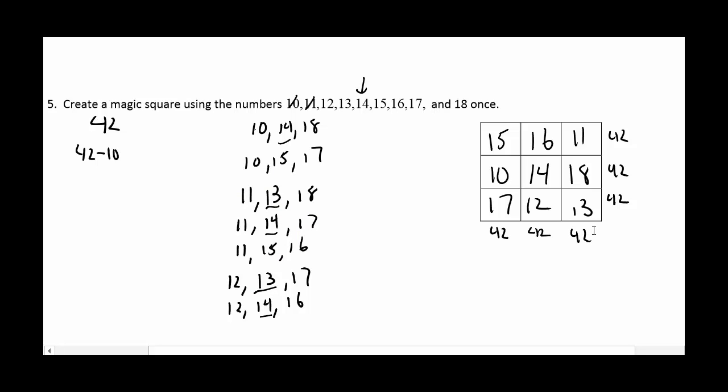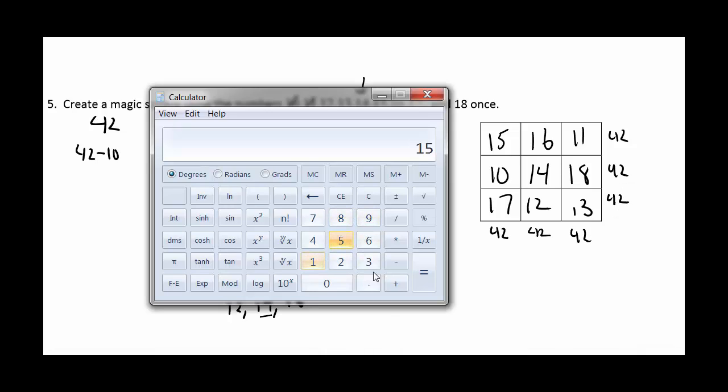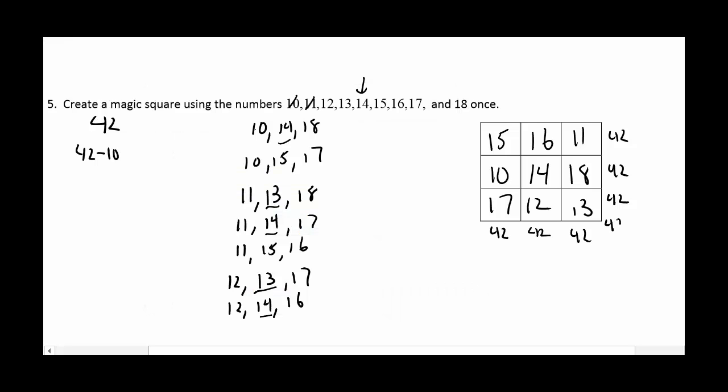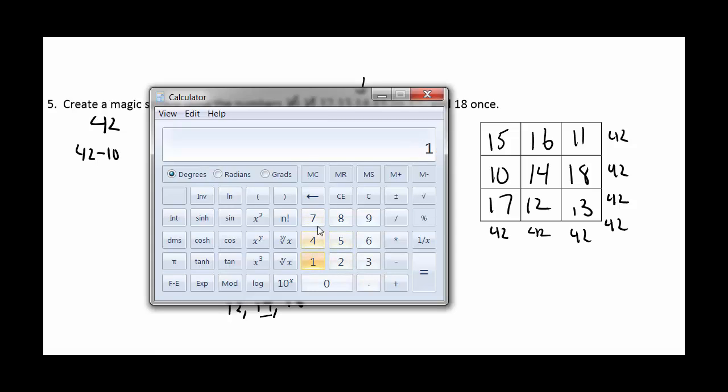And is there any other way I could do it that I probably should check? Let's do diagonals. 15, 14, and 13. Didn't show up on my list yet, but 15 plus 14 plus 13. Okay, 42. Okay, might as well check the other diagonal. Why not? Be consistent. I would hate to find a minor error that I didn't necessarily plan on.